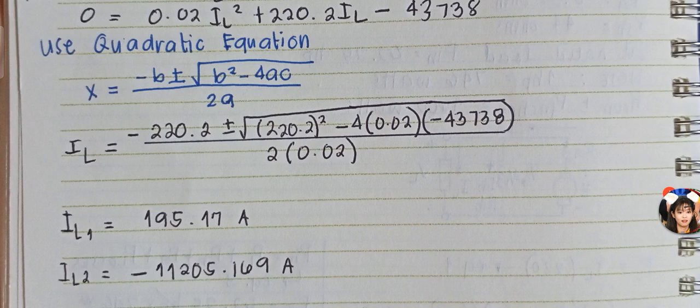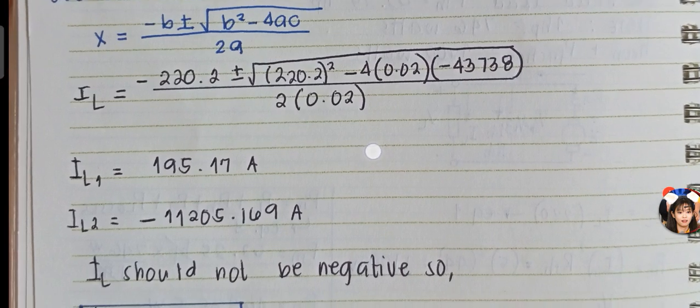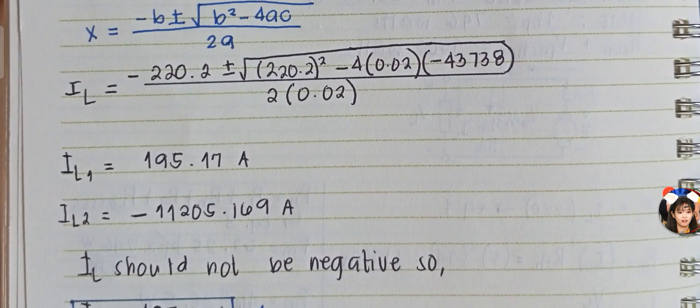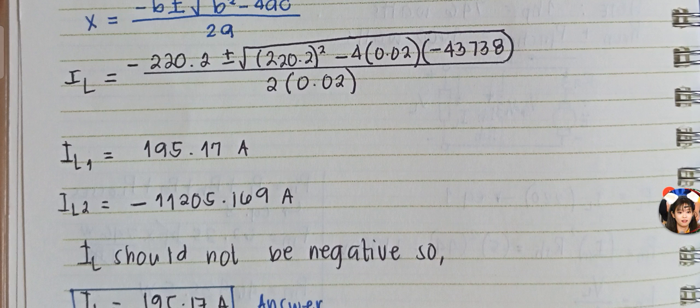We input the value of our B, which is 220.2, the value of our A, which is 0.02, and the value of our C, the constant, which is 43,738. As we simplify the equation, we get two values, a positive and a negative.